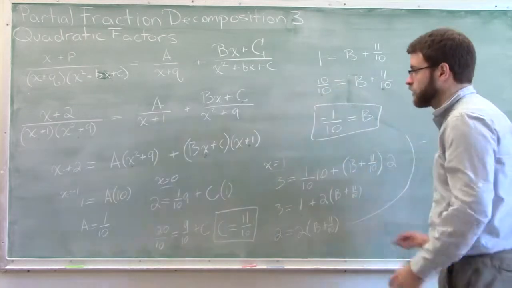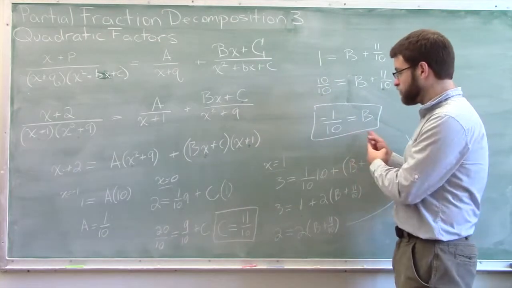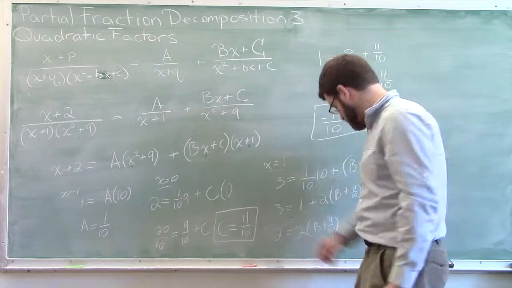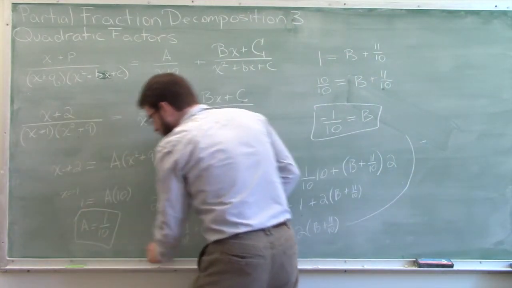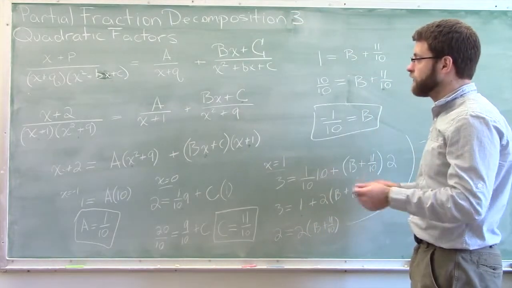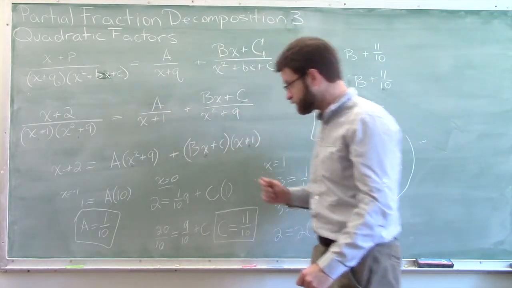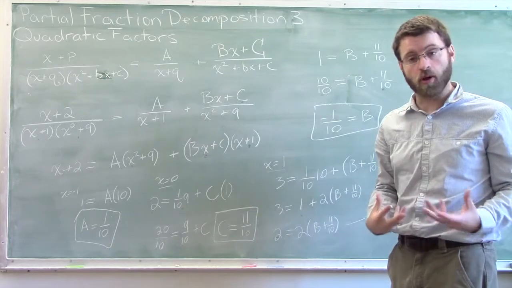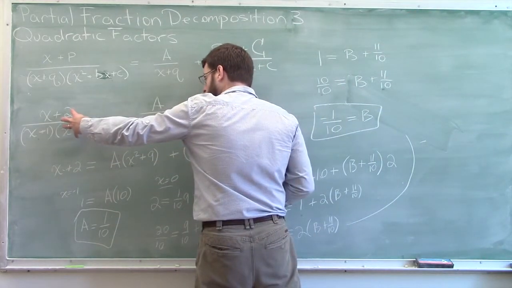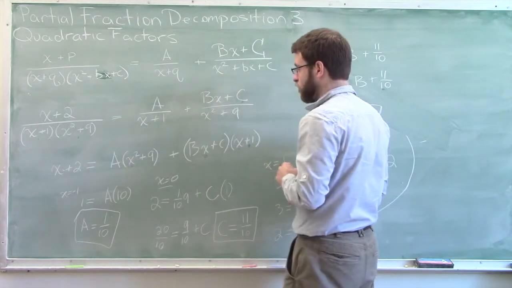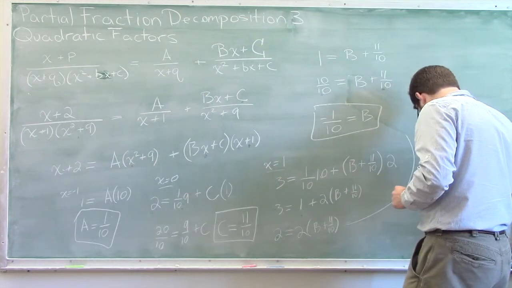Okay. So that gives me the value of b, the value of c, and from way over here, the value of a. As soon as we know the values of each of these amounts, we've completed the partial fraction decomposition. We know how to split this complicated rational expression into these smaller pieces. Okay?